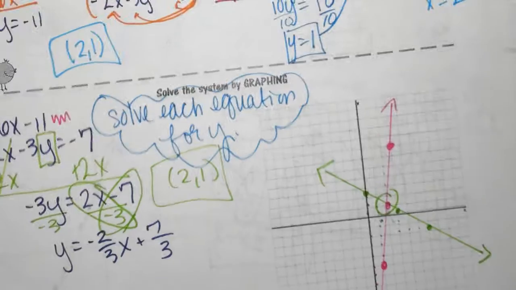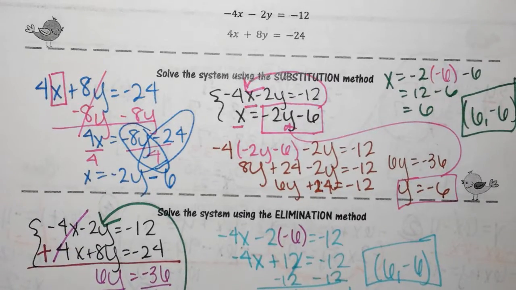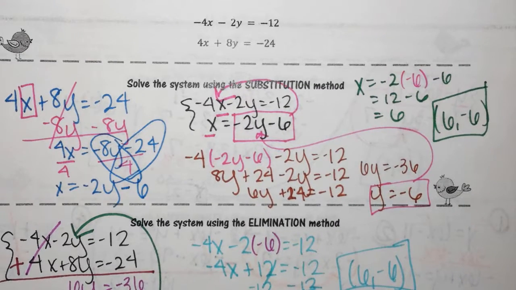Okay. Now, on this system, who can tell me which method did we use first? Did we substitute, eliminate, or graph? Look at the paper and look at the choices.